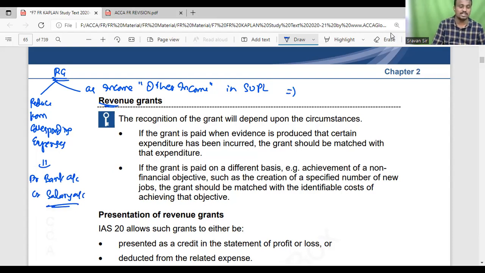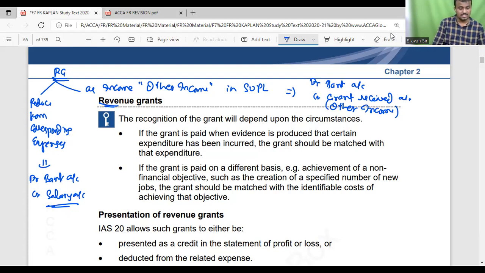Or we may show it as other income, like debit bank account and credit other income or grant received account. And it is shown under the head other income in the income statement or profit and loss statement.